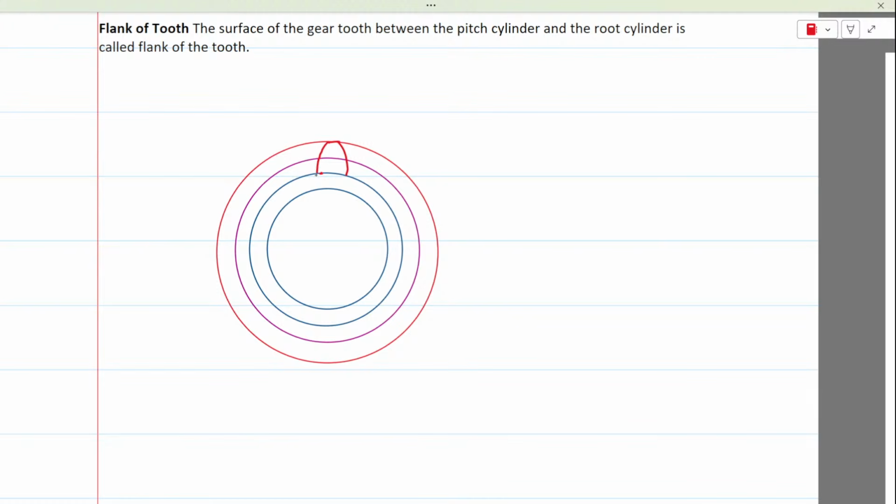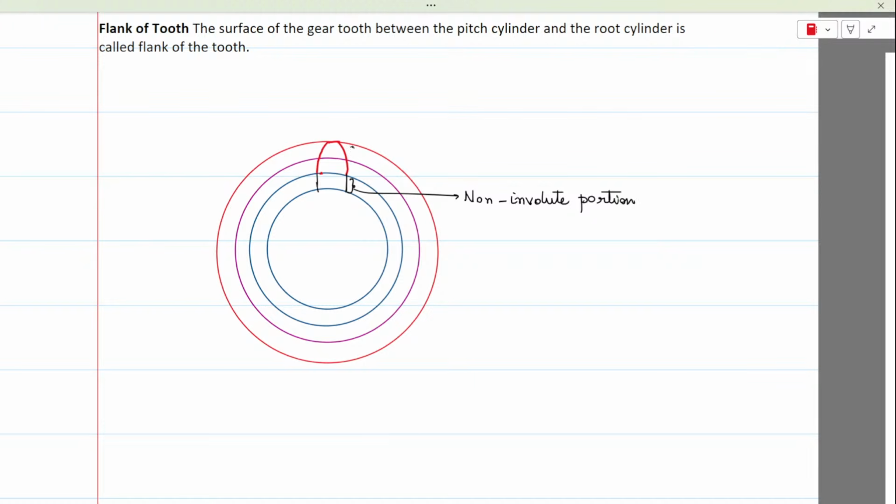So from this circle, you are generating the involute profile. And what about the remaining half? The remaining half will be a straight line. Okay, so the bottom half is a straight line. You can call it the non-involute portion. The bottom half is called the non-involute portion.